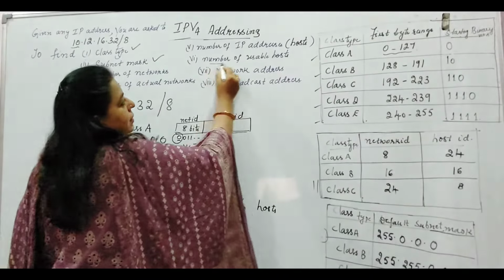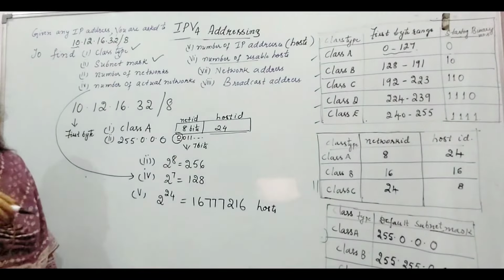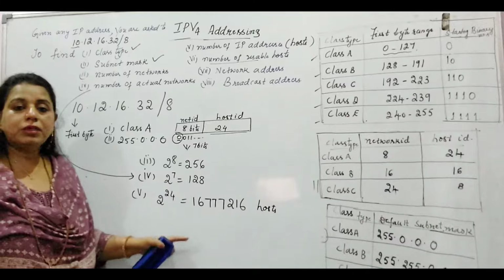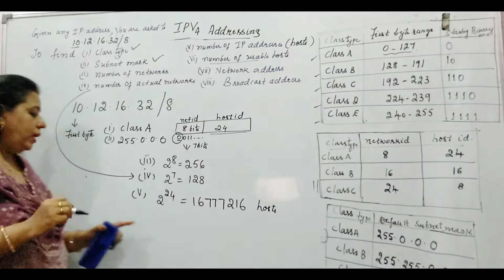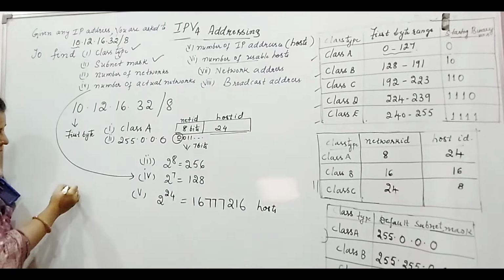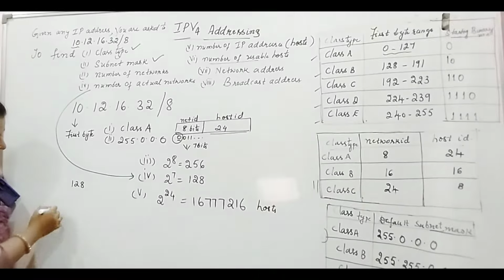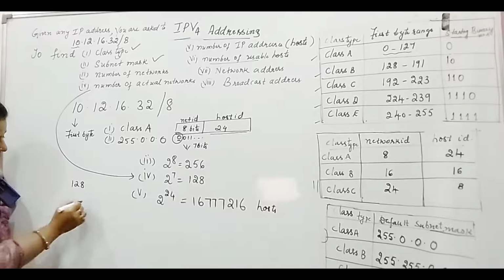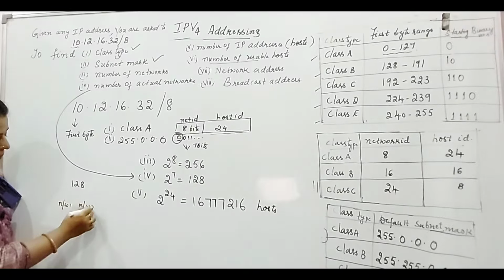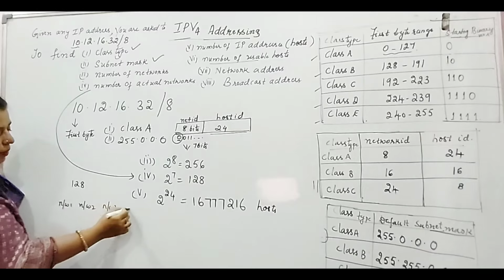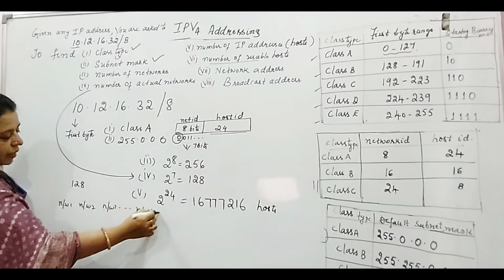But what they have asked is the number of usable hosts. What is the difference between the total number of hosts and usable hosts? In class A, the number of actual networks possible is 128. Suppose there is network 1, network 2, network 3, like this, up till network 128.